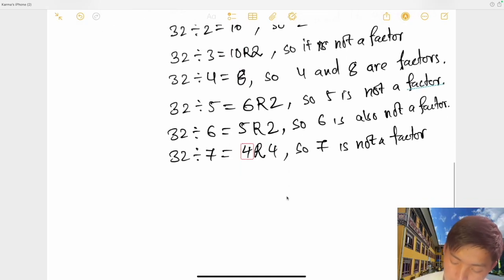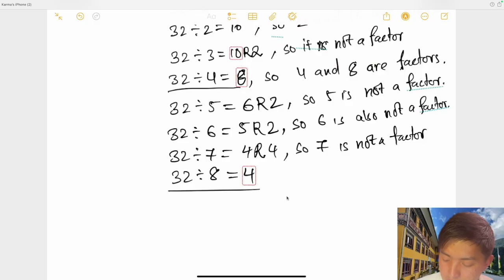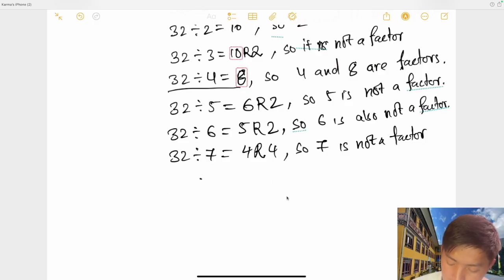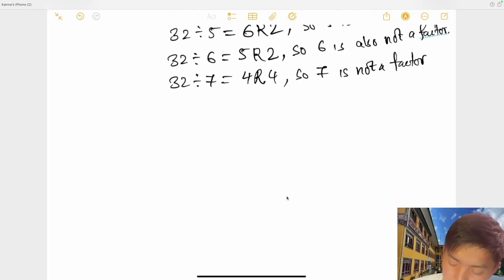And after that it's going to be 32 divided by 8, which gives us 4. This is the same as before, so the factors are only going to repeat, and you can stop at this point.